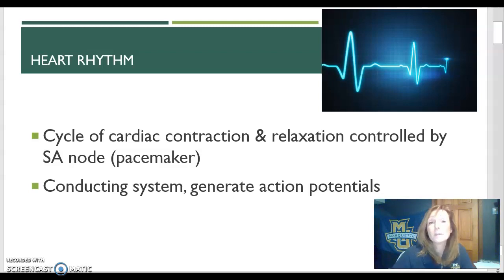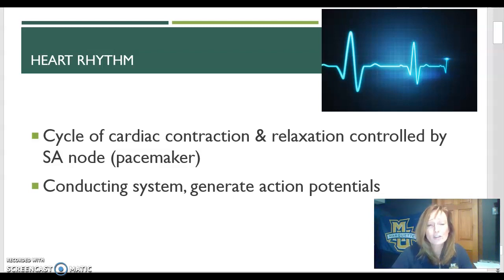The SA node is the pacemaker of the heart, and the electrical activity is controlled through ions that are moving in and out of the cell, sodium, potassium, and calcium, causing that action potential. So cardiac cells can create this electrical impulse, which is the action potential, which is depolarization at rest as potassium flows out of the cell and sodium leaks into the cell, causing that depolarization and that action potential.